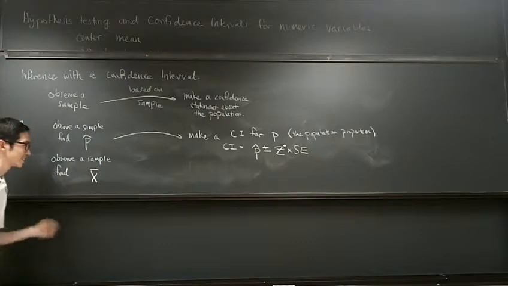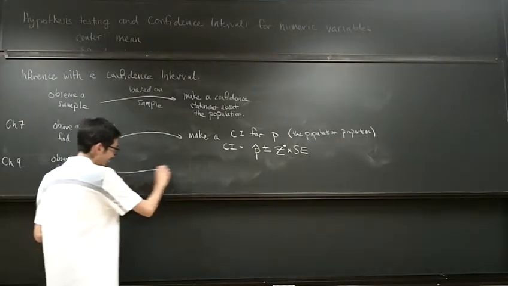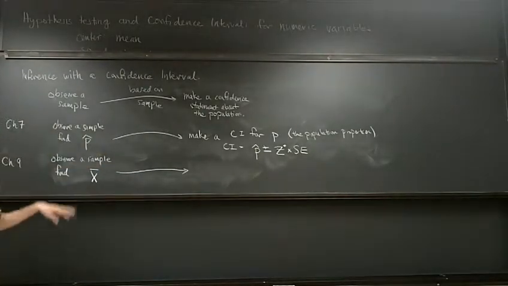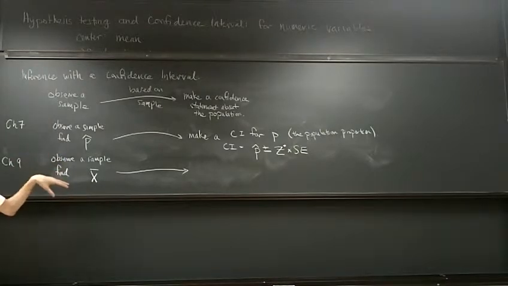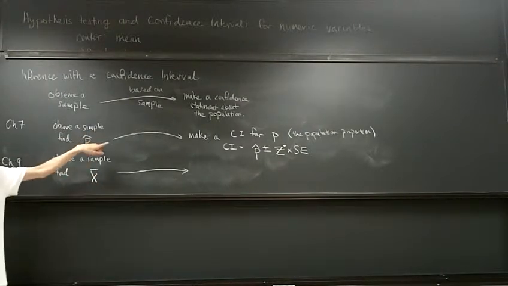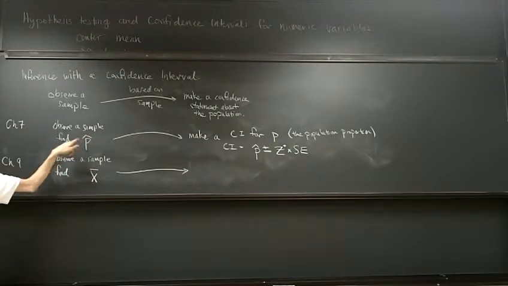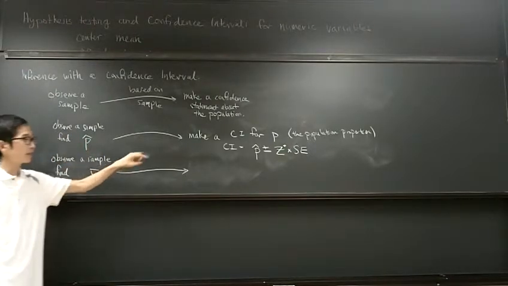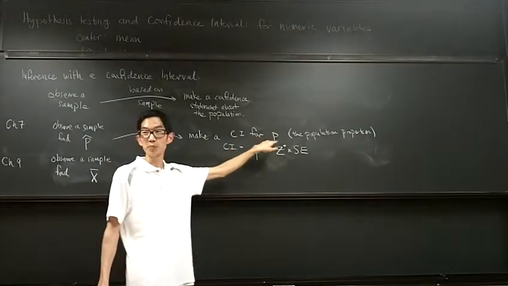All right. I hope we're all okay here. Okay. And so based on this sample where we found X bar, we're going to make a confidence interval for what? So when we dealt with proportions, we found the sample proportion p hat, and we made a confidence interval for the population proportion p.